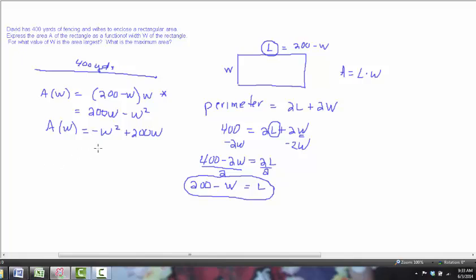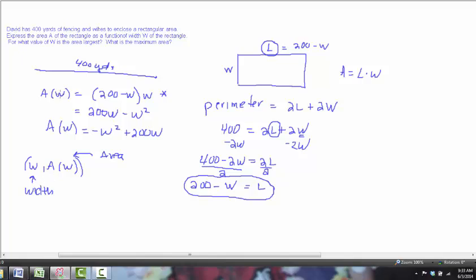So what do I know? I also know that any point on my graph would be W, A of W. So what does this tell me? W tells me my width, and A of W tells me my area at that specific width.